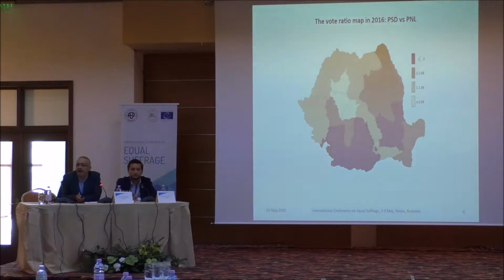At the level of county or constituency, in only 3 counties, Liberals had more votes than Social Democrats. In Transylvania region, I mean, Alba County, Cluj, and Sibiu.